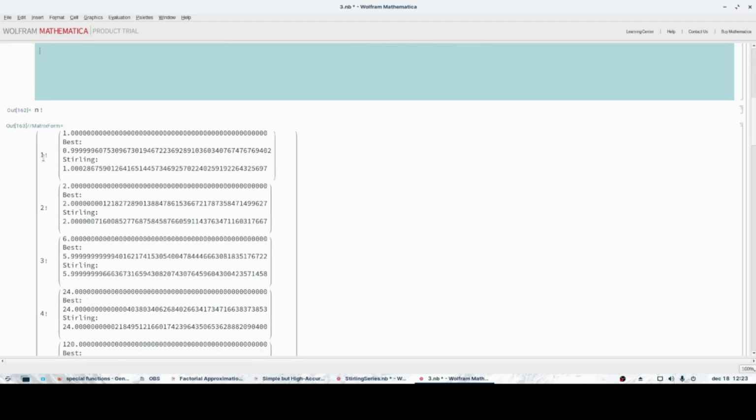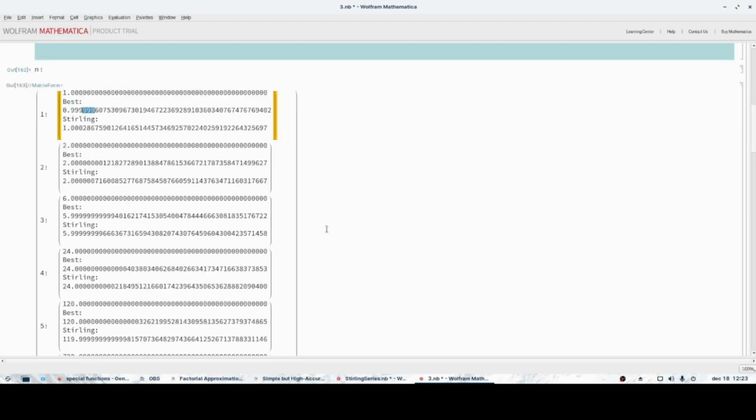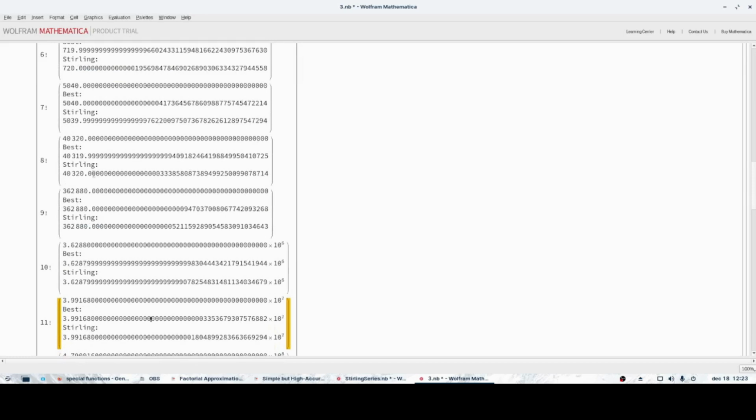But as you see, for 1 factorial, the best approximation seems, with 3 decimal places, better than Stirling, and we are going on. 3 factorial, it's again with 3 decimal places better. 4, 5, 8 factorial. Starting from here it is again 3 decimal places better than the Stirling formula approximation.